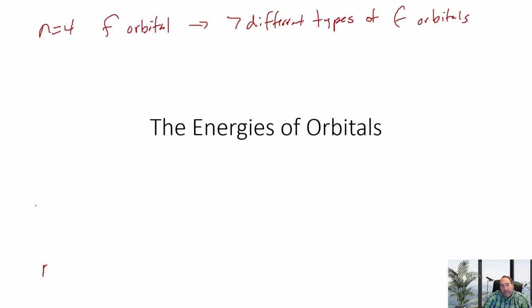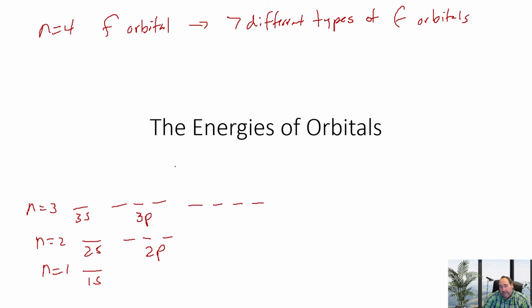So if we kind of draw it on our first energy level, once again, all we have is the s orbital. Second energy level, we got the s orbital. And again, that is where we first start to see our p subshells occur, our p orbitals. Third energy level, still have the s, still have the p. And then that is where we start to see our d orbitals appear.